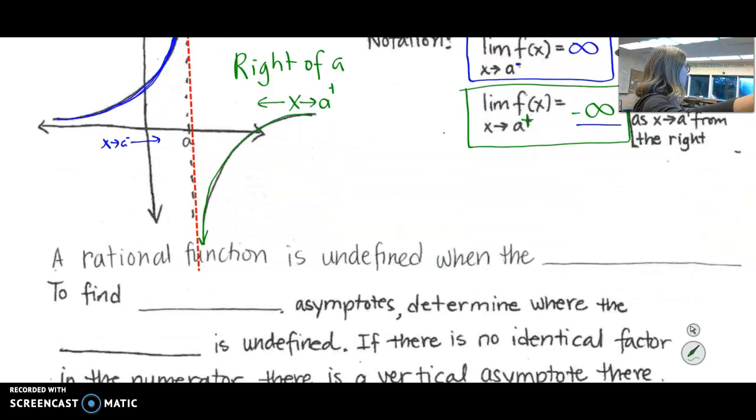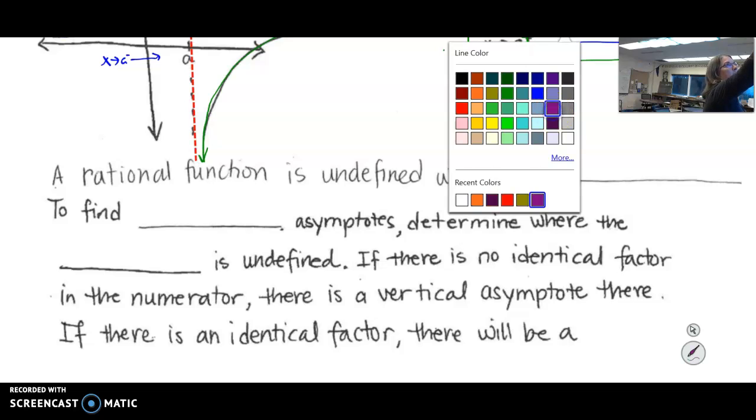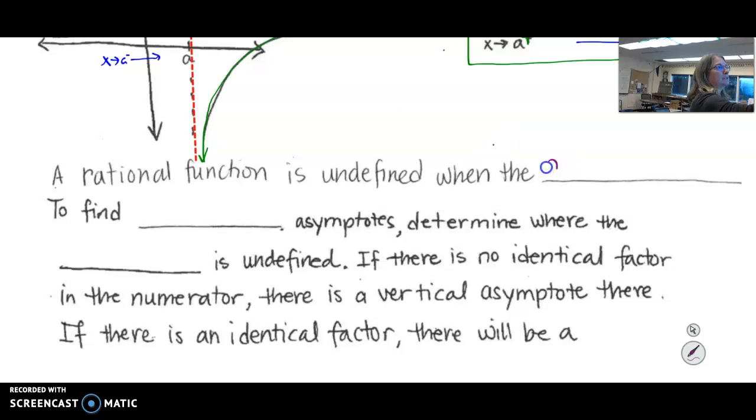All right, so a rational function is undefined when the denominator, what can't you have in the denominator? Think about it. When the denominator is equal to 0.